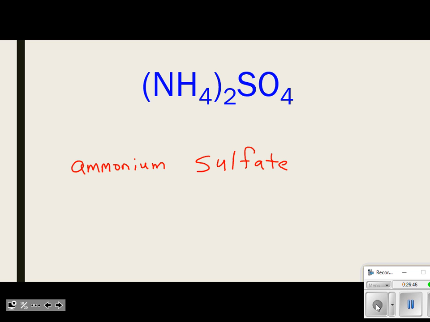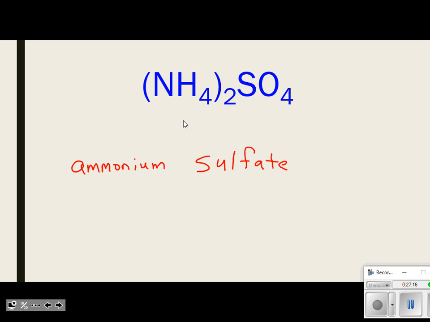I see a lot of people, since there are two ammoniums up there, want to put a Roman numeral 2 behind it. No dice. You do not need a Roman numeral with ammonium. So, basically, NH4 parentheses 2, SO4 is ammonium sulfate. Two polyatomic ions connected together as a compound.